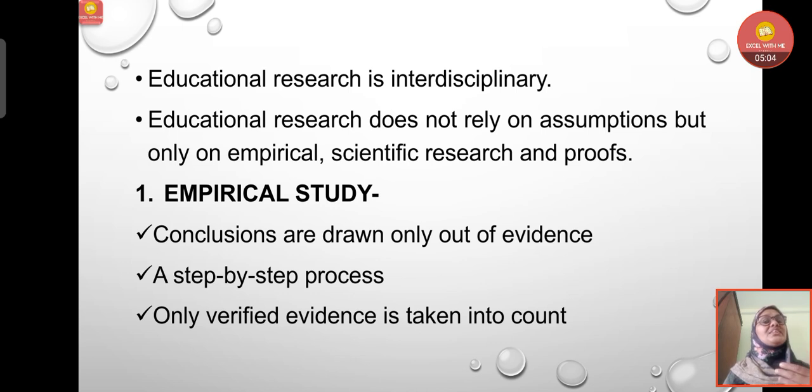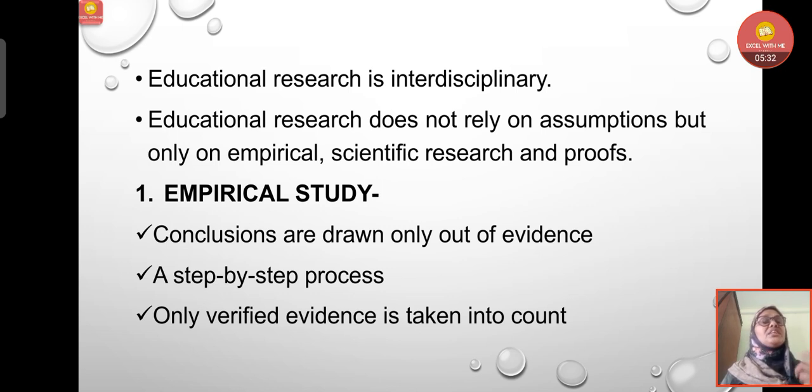Now, educational research is interdisciplinary. Obviously, education is not a single dimension here. Education is dynamic and attached to all things. When we are taking any classroom situation, we take psychology also, philosophy also, guidance and counseling also. That means educational research is interdisciplinary, connected with different disciplines here.